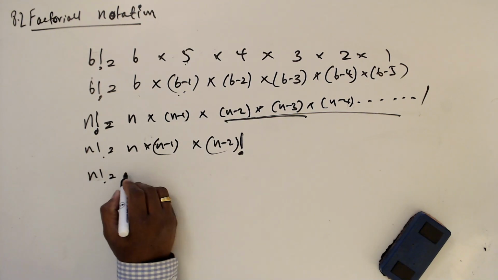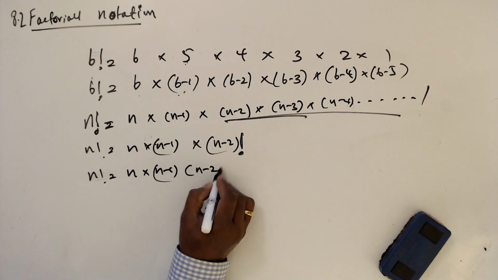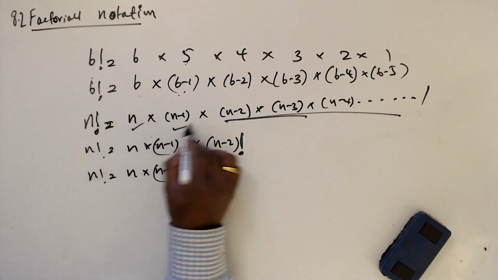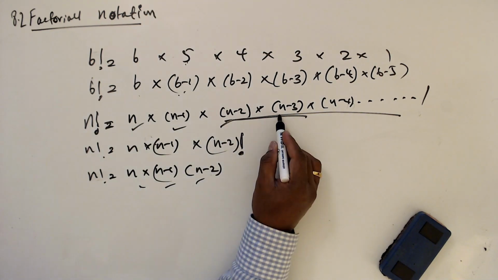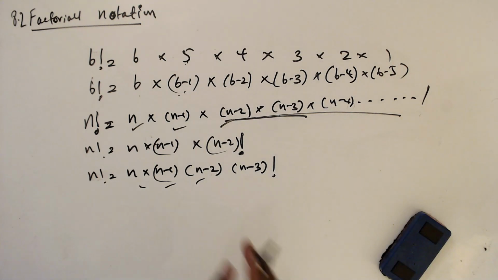Or you can write n times n minus 1 times n minus 2, and what is the next term? We write this one, this one, this one, and then n minus 3 factorial, the rest.